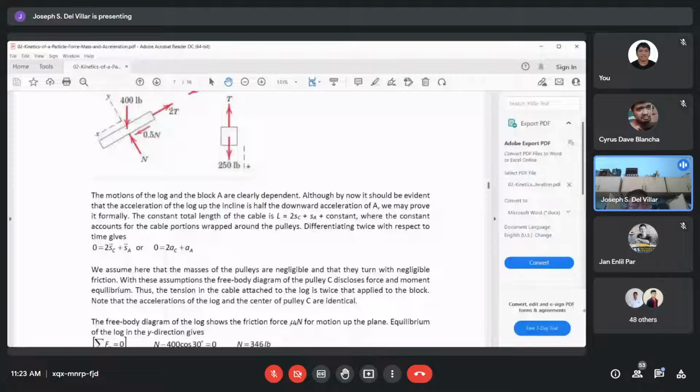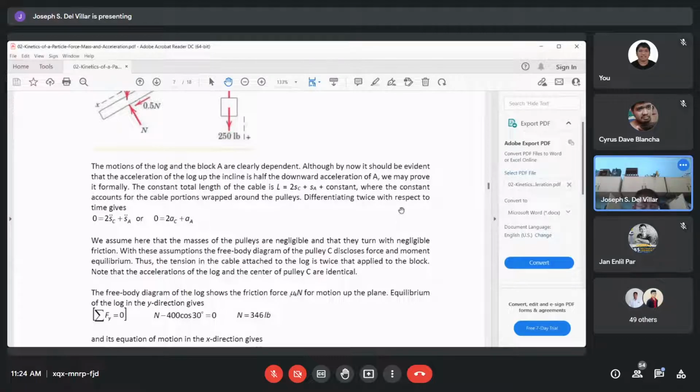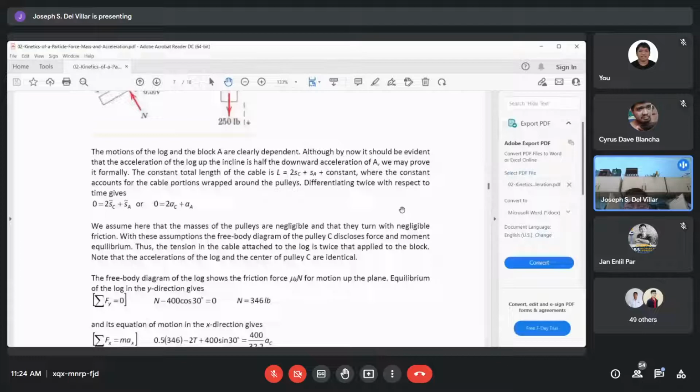So with these assumptions, the free body diagram of pulley C discloses force and moment equilibrium. Thus, the tension in the cable attached to the lug is twice that applied to the block.